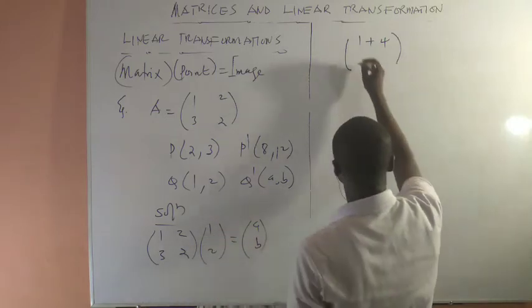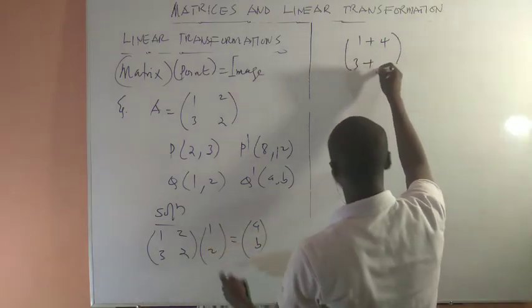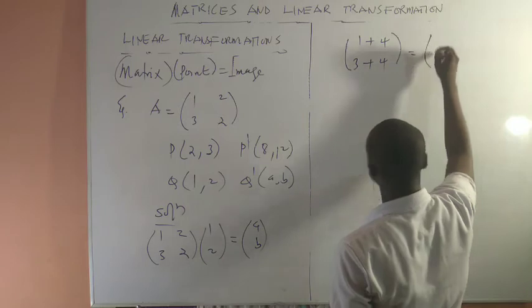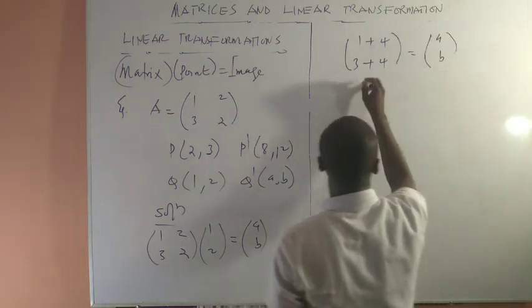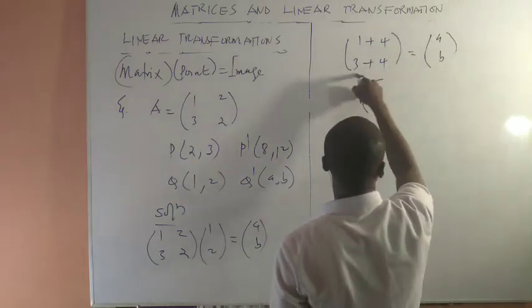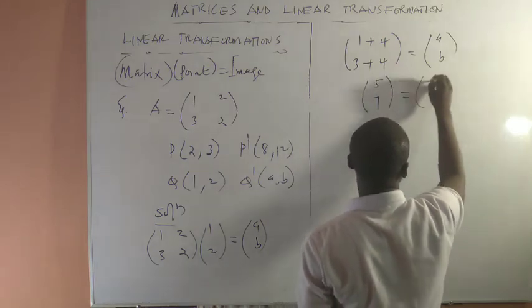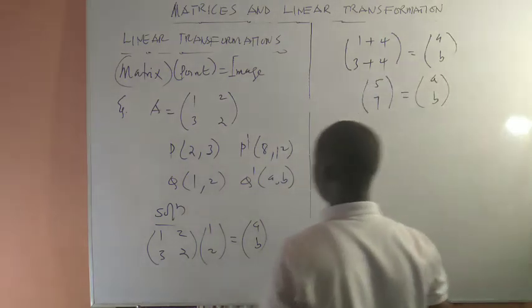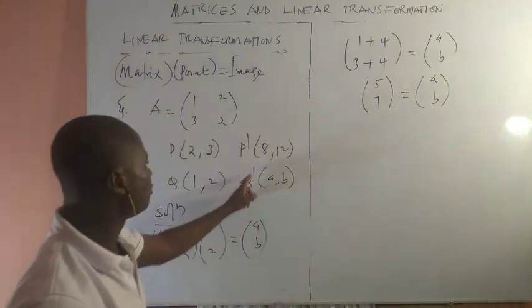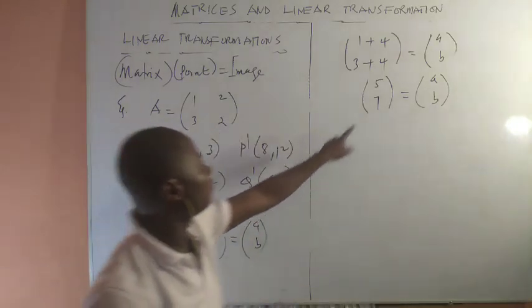Then 3 times 1 is 3 plus 2 times 2 is also 4. So this is 1 plus 4 is 5, and 3 plus 4 is 7. And this is equal to AB. So the image Q prime, the image AB is now 5, 7.